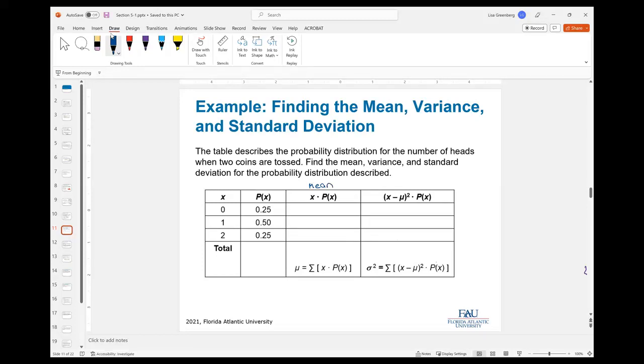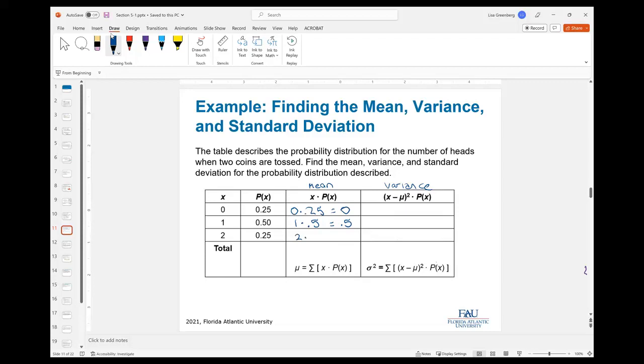This right here is going to be the variance, right? When I sum them. Okay, so let's do these first. So x, which is 0, times 0.25 is 0. 1 times 0.5 is equal to 0.5.